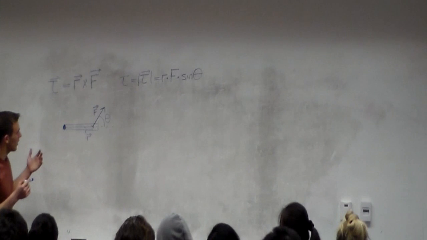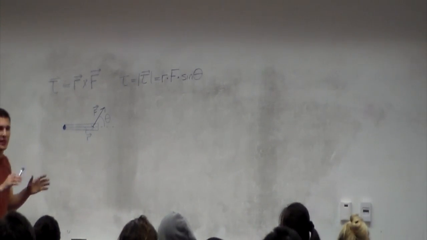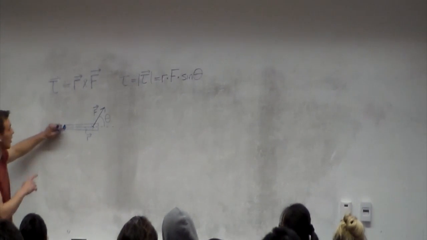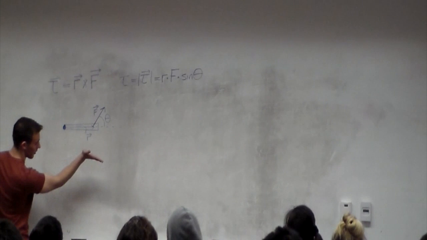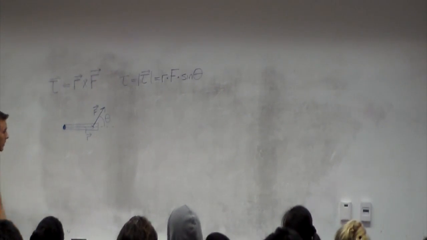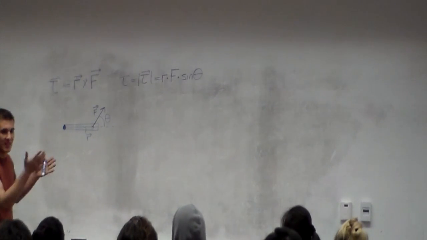So in that sense, the fact that it's a vector is not really that important. Strictly speaking, R cross F would be pointing out of the whiteboard, if you remember how to use your right-hand rule. But again, that's not really that important.